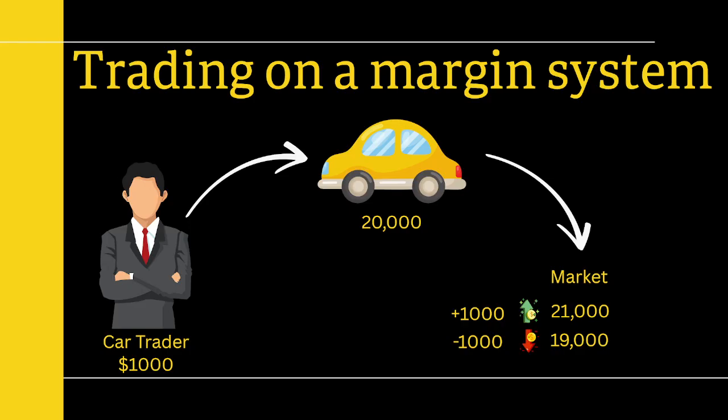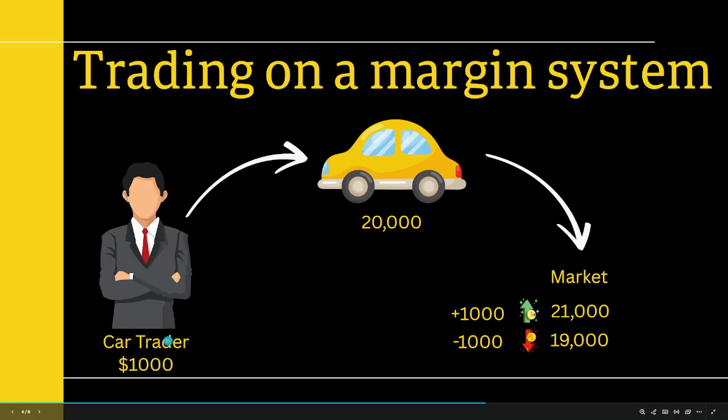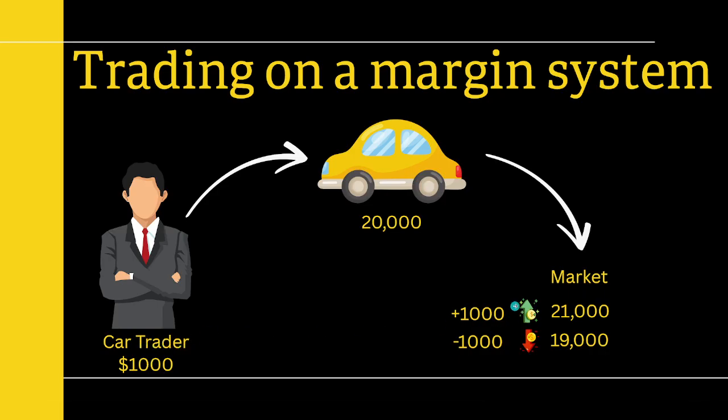After a while, when he wants to sell the car, if he wins, he will be able to sell the car for, for example, $21,000, and then he will gain $1,000 and return the money for the car. So he will return the car for $20,000, but he sold it for $21,000. So he takes the $1,000 plus the $1,000 he already has, and therefore he profits $1,000.